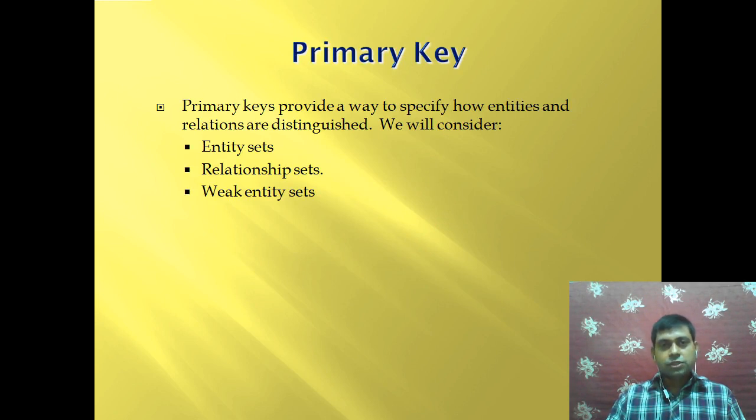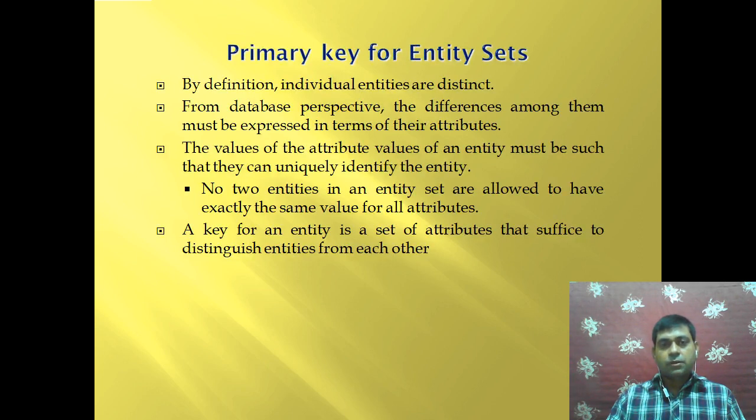Now, the discussion on primary key. A primary key is a set of attributes that can uniquely identify a tuple in a relation. So for every entity, to identify an instance of that particular entity, we should have a primary key to distinctly identify it.